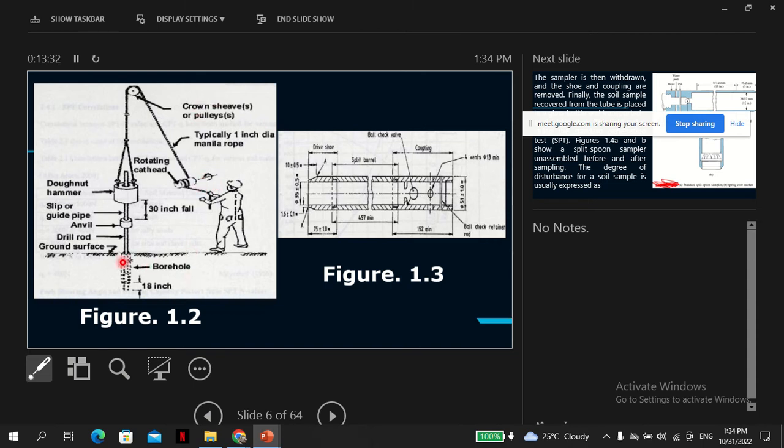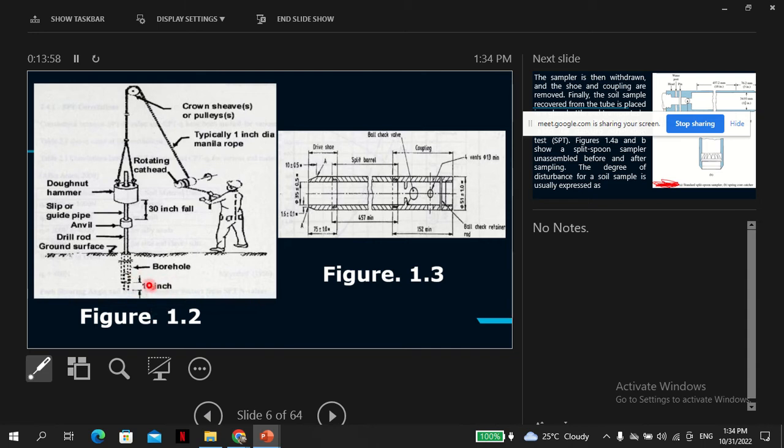So the seating drive, I don't know whether it's shown here. If you can see the laser pointer, the seating drive of 150 mm, then we count how many blows. 18 inches, 18 times 25 divided by 4, 1800 divided by 4.